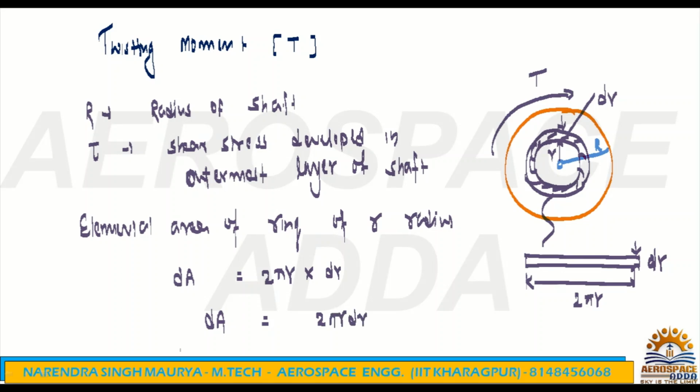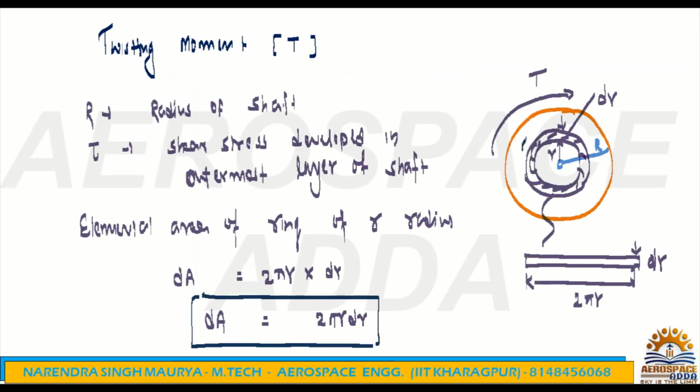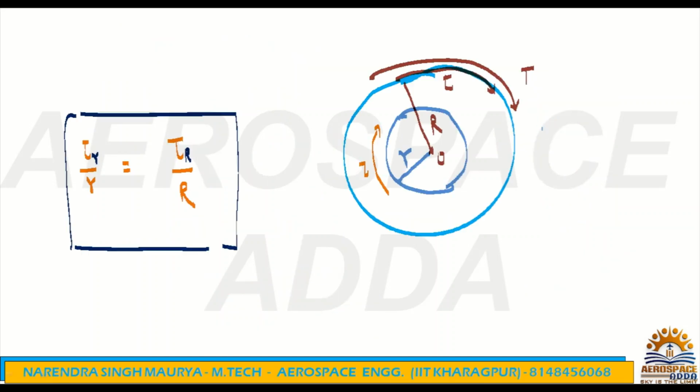Okay, now if you are writing the stress at this section, which section? At radial distance r. So what will be the stress? Obviously it will be easy. Stress at radial distance r, where they are talking about the stress for this ring. So what is the stress here? It's tau r, right? Just now I explained it to you.